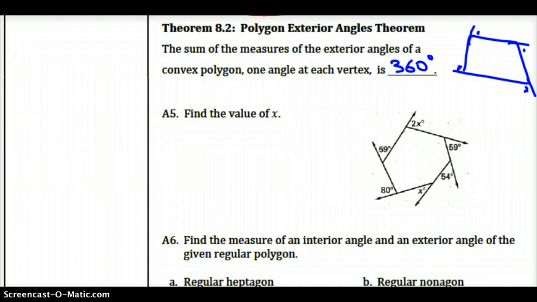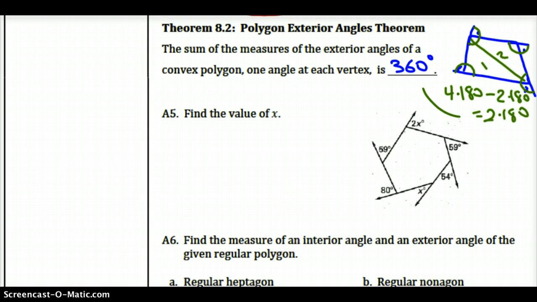The reason for that is, if we take a look here, we got 180 degrees there, 180 degrees there, 180 degrees there, and 180 degrees there. Those green arcs represent 180 degree linear pairs. So I have 4 times 180 minus, since it's a quadrilateral, I get 2 triangles, so minus 2 times 180. That equals 2 times 180, which gives me 360. And that works for any type of convex polygon, regular, non-regular.